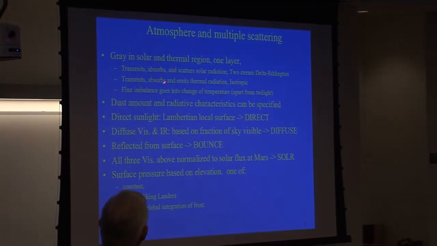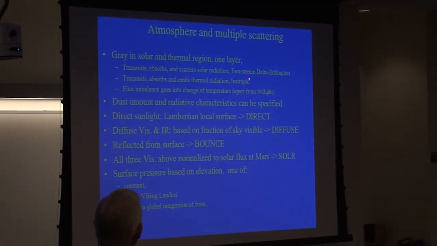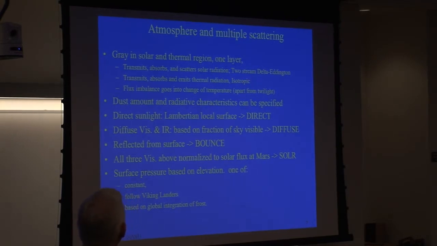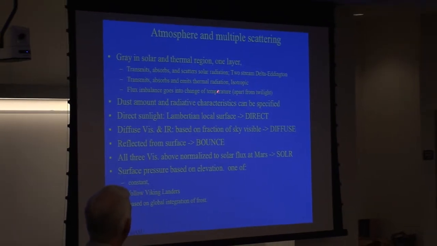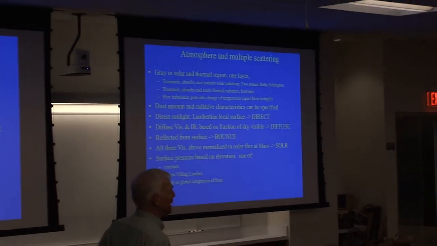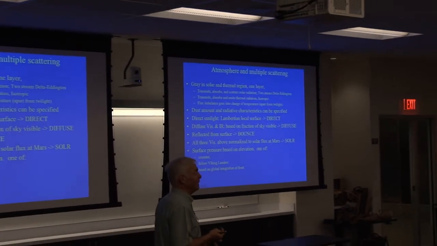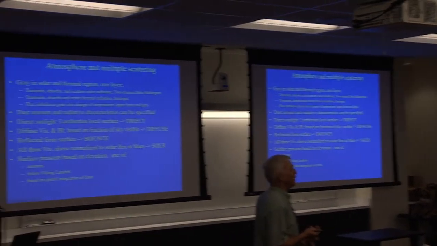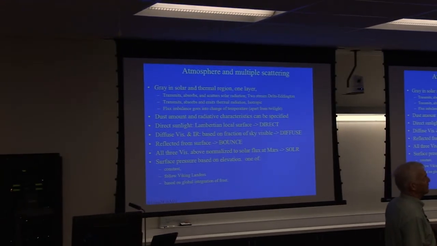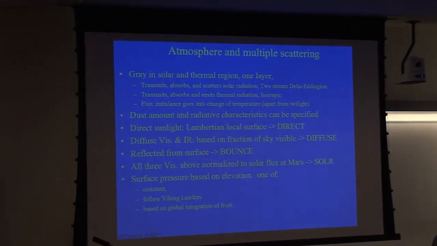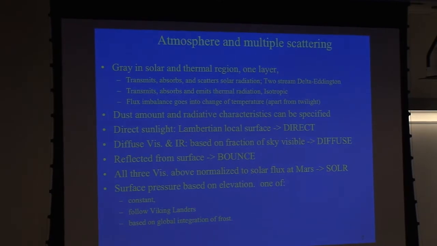And it transmits, absorbs, and emits thermal radiation isotropically. The flux imbalance goes into changing its temperature. Over mass of it is, you have to assign things like pressure. You have to convert pressure to mass and assign a specific heat for the atmosphere, blah, blah, blah. Straightforward stuff.